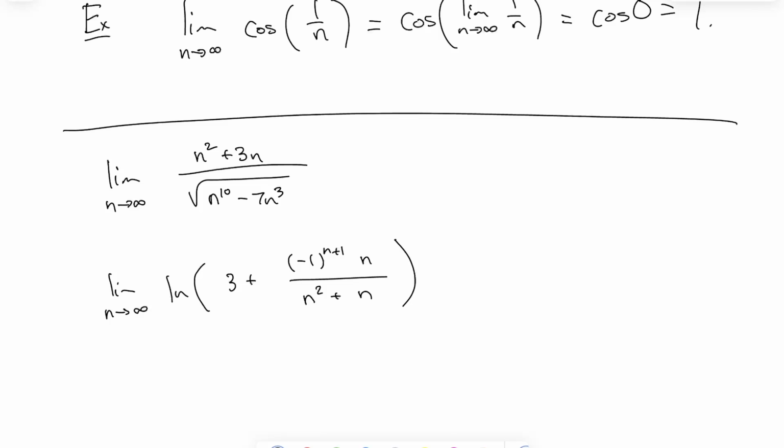So this one, when this thing goes. That's why you want to use it.